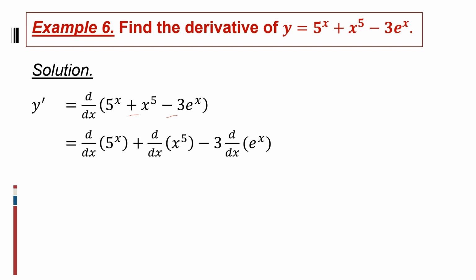That is, kunin natin yung derivative ni 5 raised to x plus yung derivative ni x raised to 5 minus yung derivative ni 3 times e raised to x. Ano ba yung derivative nito? This is just equal to 5 raised to x ln 5 plus, eto, gamitin lang natin ng power rule. Okay, so we have 5x raised to 4 minus 3 times derivative of e raised to x is e raised to x. So this is now the derivative of y.